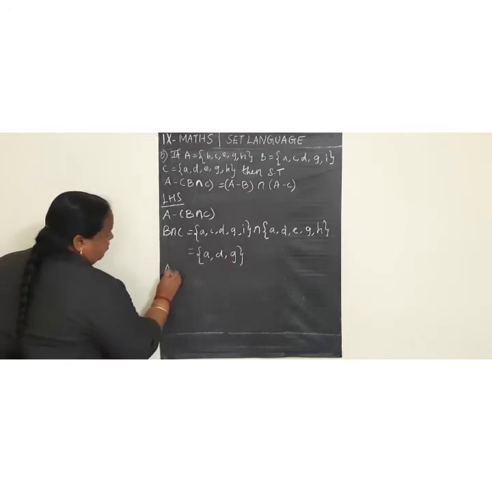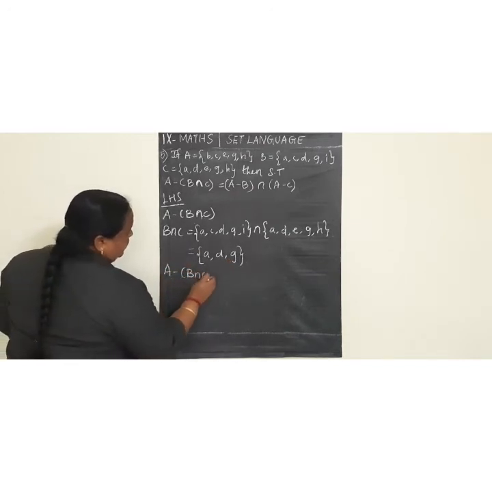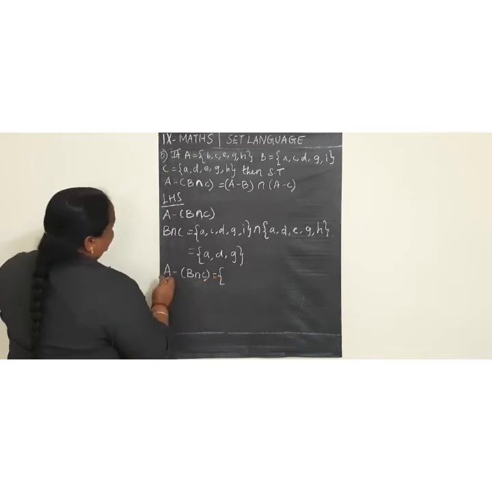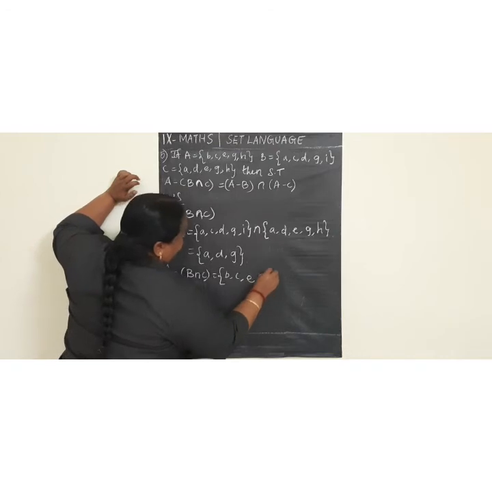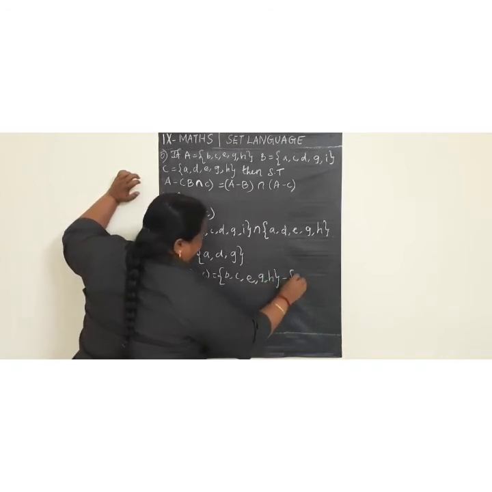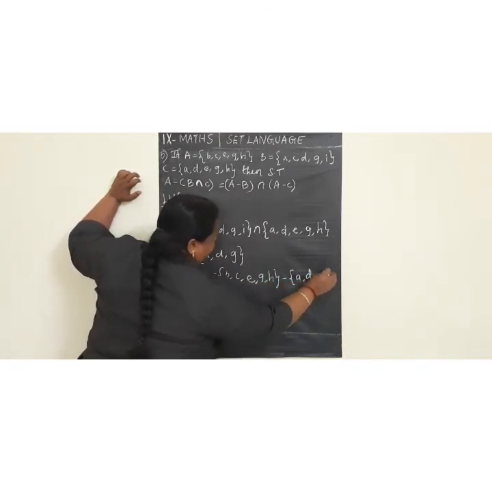Next, A minus B intersection C: first we write the set A, {B, C, E, G, H}, minus {A, D, G}.